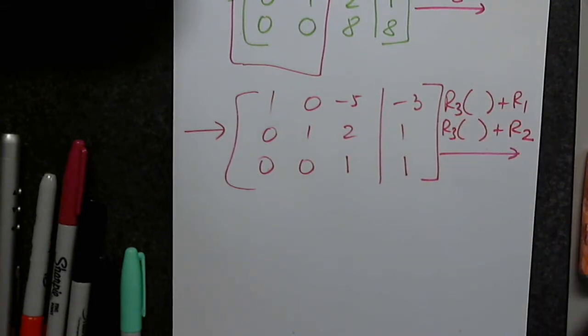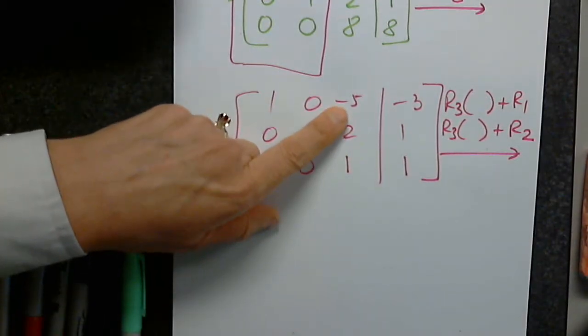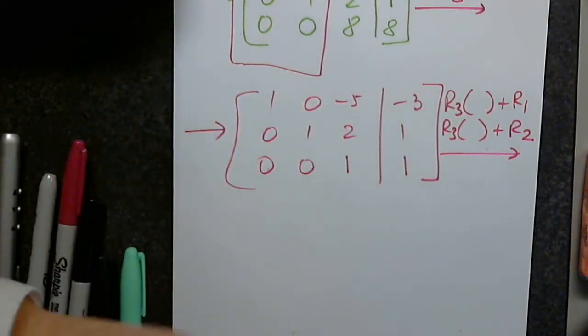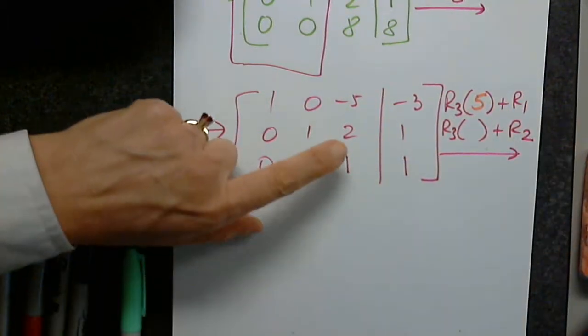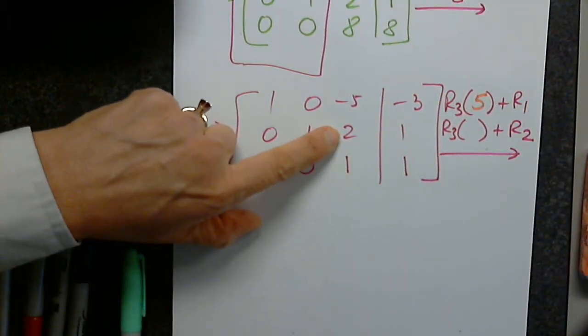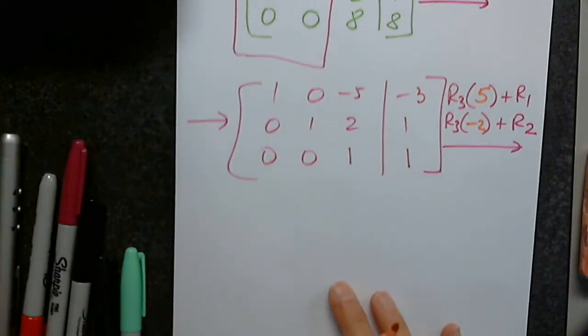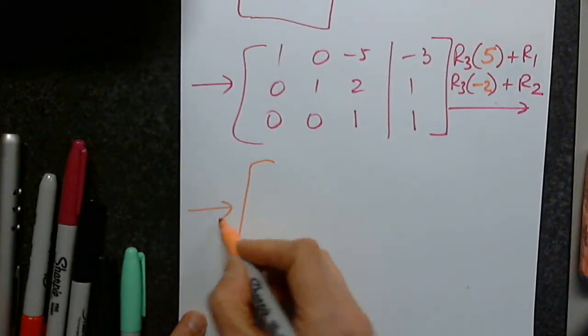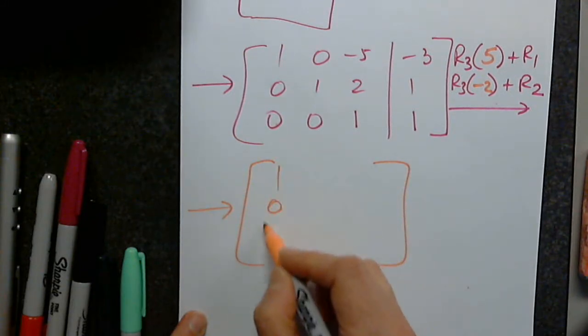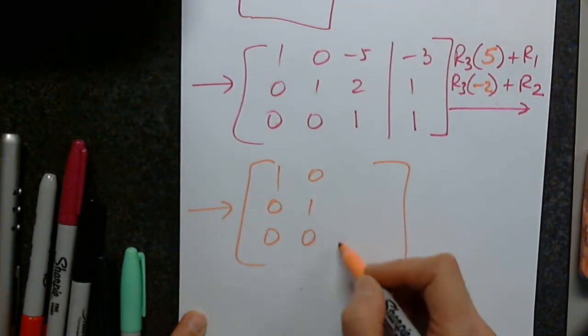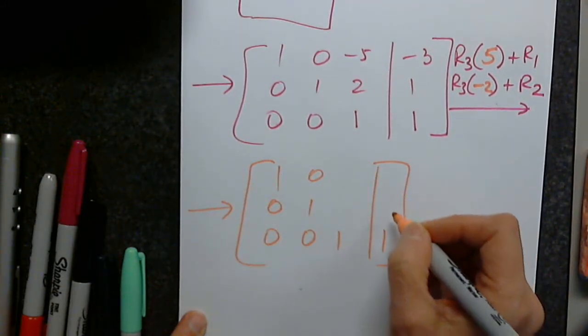What will I multiply row 3 by to eliminate the -5? Very good. What will I multiply row 3 by to eliminate the +2? That will be the final step. 1, 0, 0, 0, 1, 0, 1, 1.